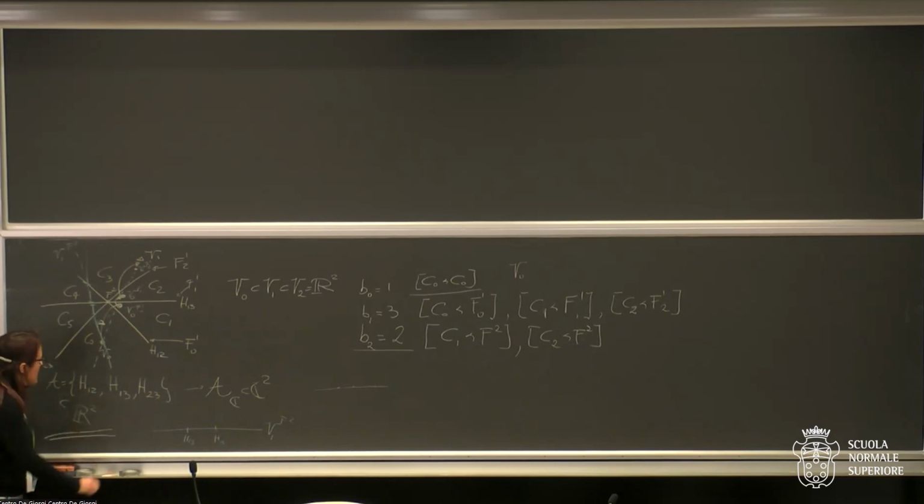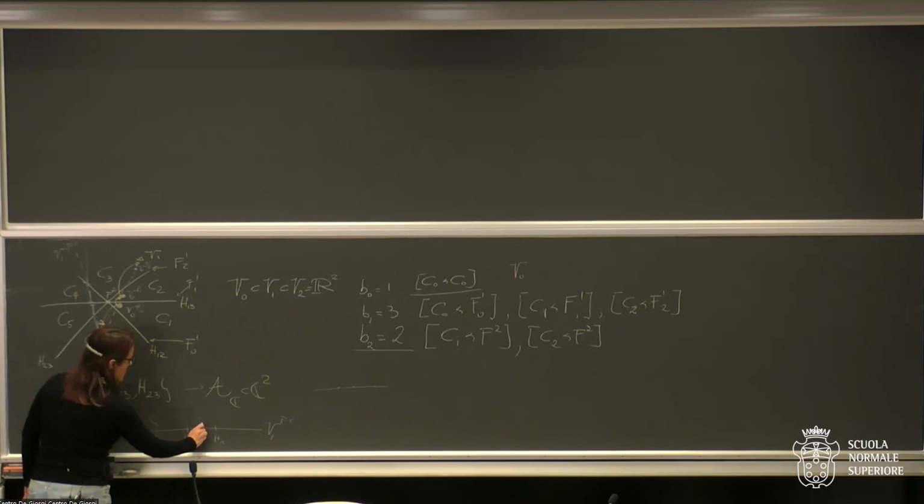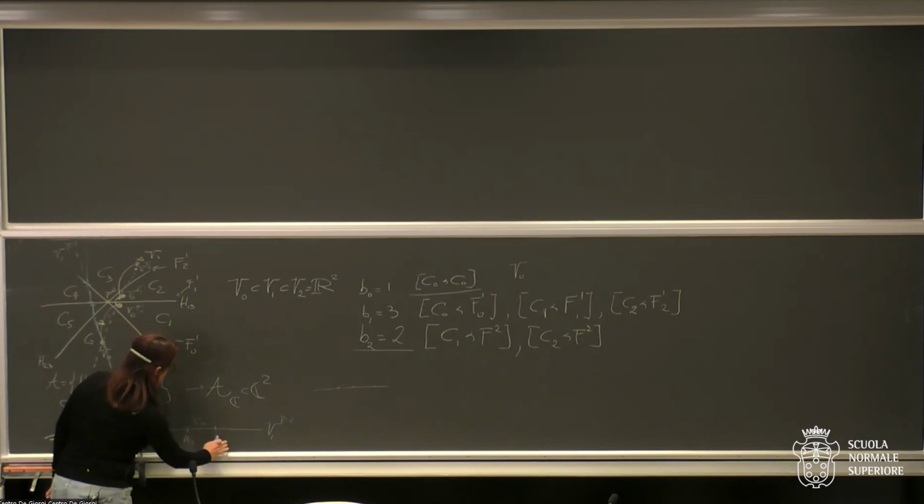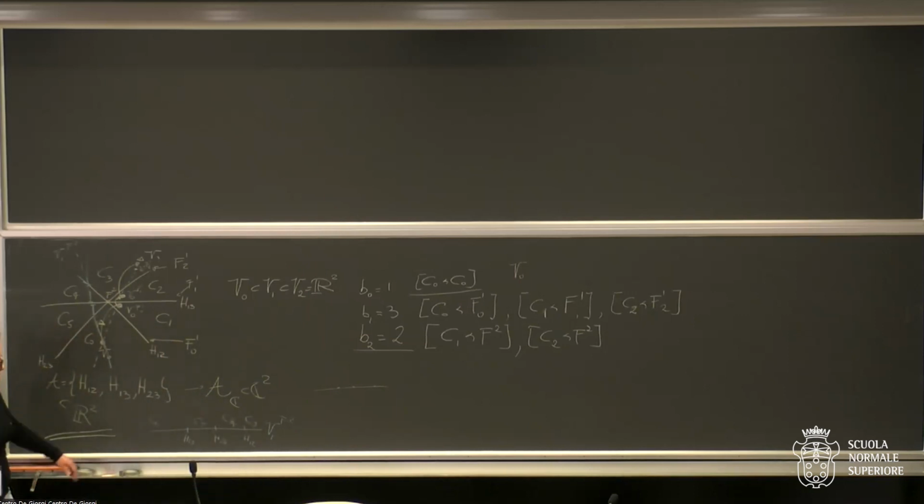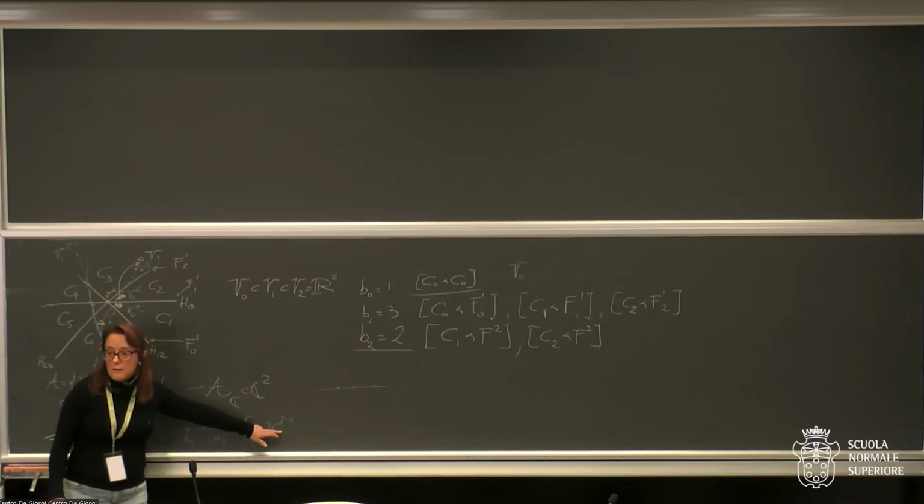So this is C0. This is C5. Oh, I forgot H1,3. This is C5, this is C4, this is C3. C0 is unbounded, C3 is unbounded.